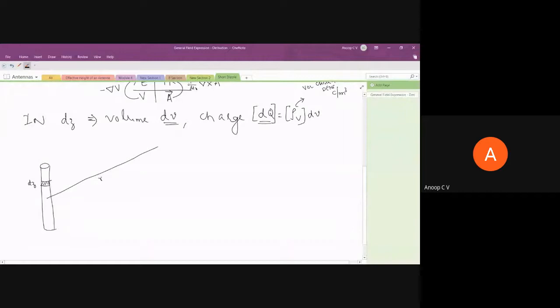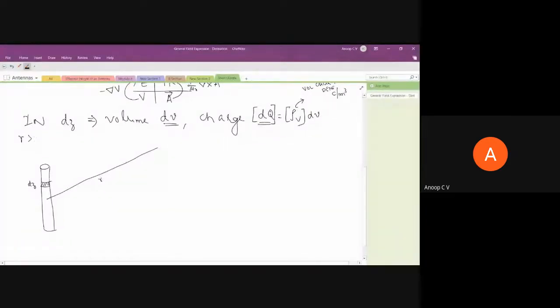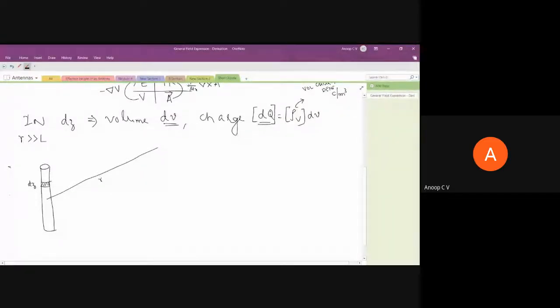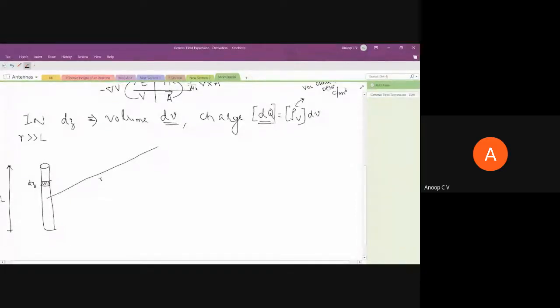And when I'm redrawing it, I'm assuming this r is much greater than L. So this is L. Even though the diagram won't look like that, I'm assuming r will be much greater than L. If r is much greater than L, what I can assume is the radiation from each and every point on this will travel parallelly.